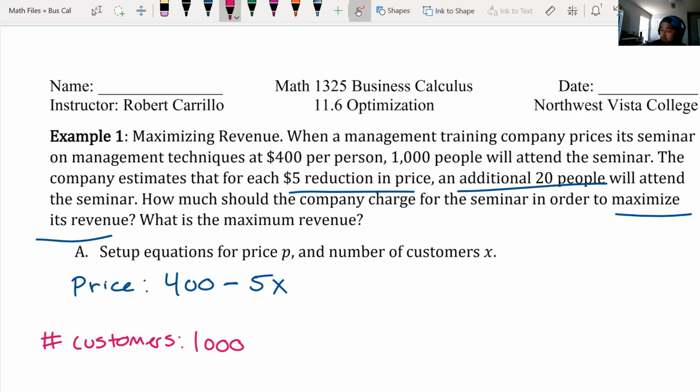And for customers, every time we do a $5 reduction, a group of 20 people will attend. So you're going to have 1,000 plus 20x. So there is an equation for price and an equation for customers.